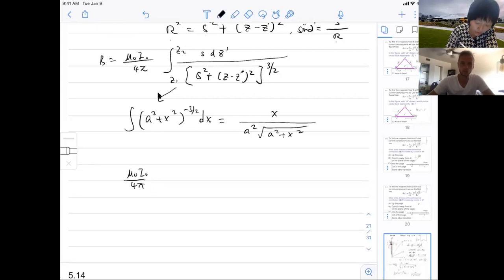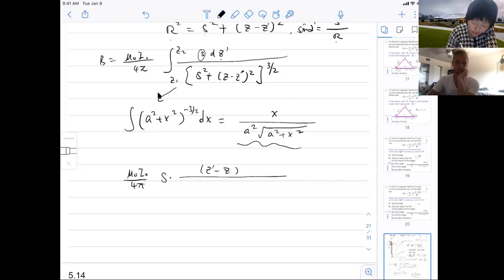I'm going to do 2 steps instead of 1. So this integration will give us, your S is still S. And that integration gives me this, where my X is my Z prime minus Z, and A is my S. So A squared is S squared, and what's over here is going to be the square root of S squared plus (Z prime minus Z) squared. So this is what I should get.